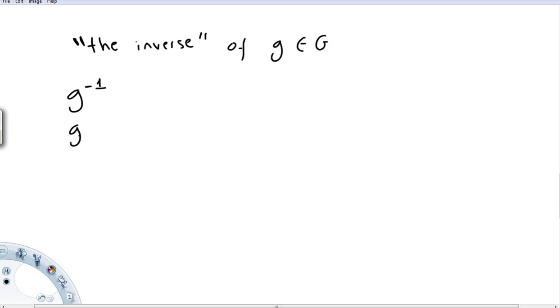If we have G times G with n factors, we write G to the power of n.